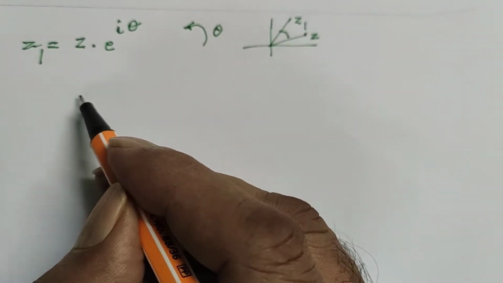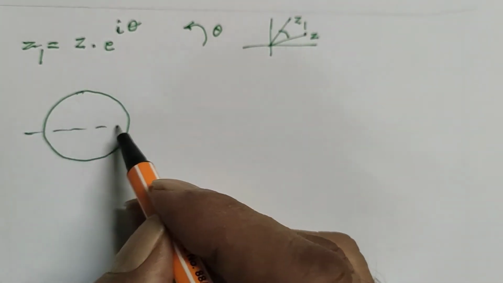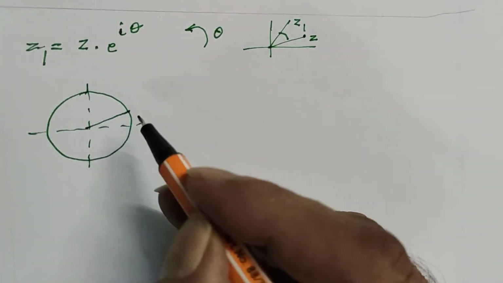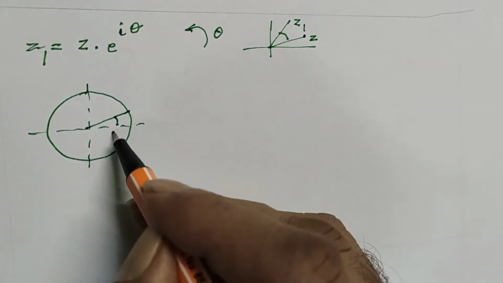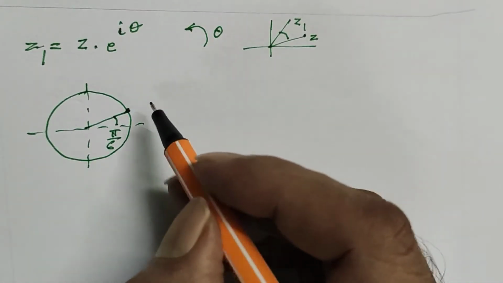Now we'll see some simple application of this. We'll take a circle and draw an angle of 30 degree here, pi by 6. So this angle is pi by 6. And let's call this point z.